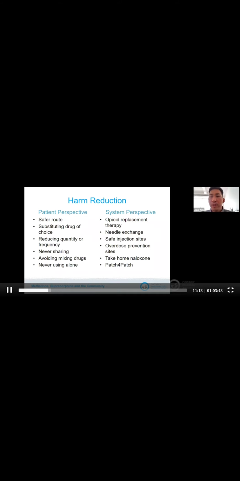From the pharmacy, we can always counsel patients and provide take-home Naloxone kits. So those are the opioid overdose prevention kits, which are available either as injections or nasal sprays. And then specifically, I guess, for fentanyl patches, we have the Patch for Patch program where patients are returning used fentanyl patches back to the pharmacy.